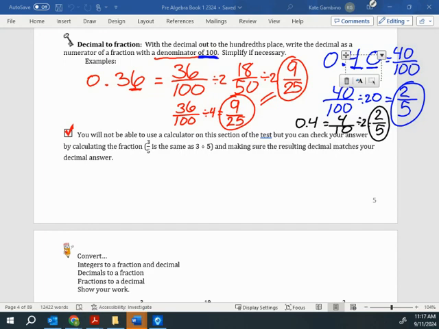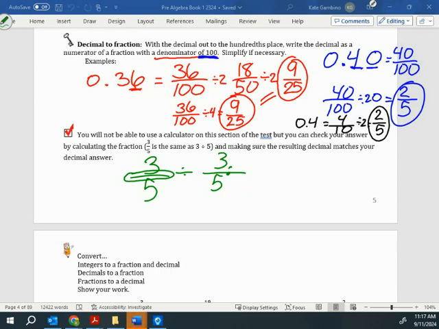But then you can use that calculator to say, okay, that fraction bar, when I have 3/5, actually means divide. So 3/5 is 3 divided by 5. So I can check to see if I got the correct decimal by using my calculator.